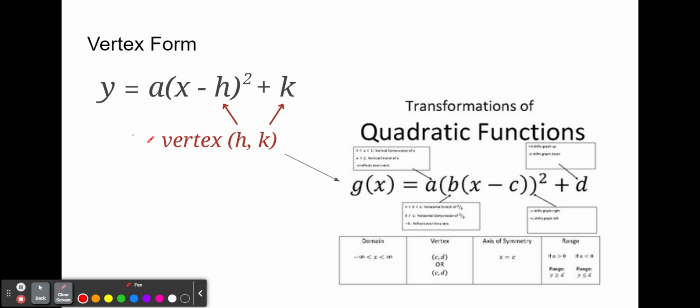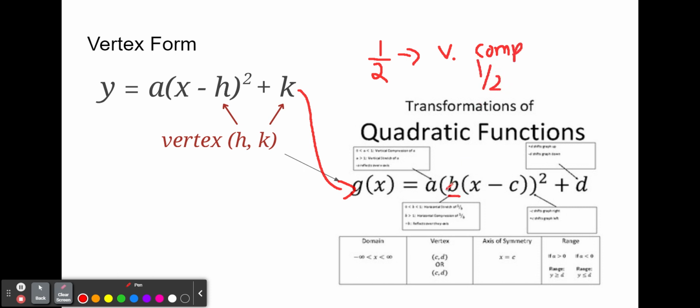So the main use that you have for vertex form is going to turn it into this equation, which just adds a b over here, which you can use in order to determine transformations of quadratic functions. So if the a value is changed, then you change the vertical stretch or compression of it. So for example, if the a value is 1/2, that means it's a vertical compression of 1/2.